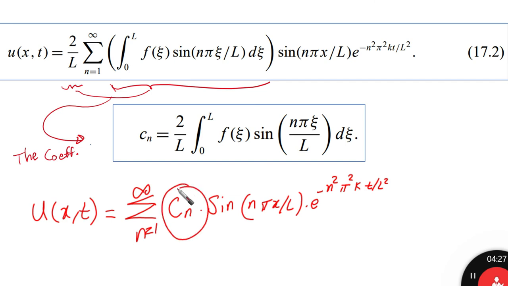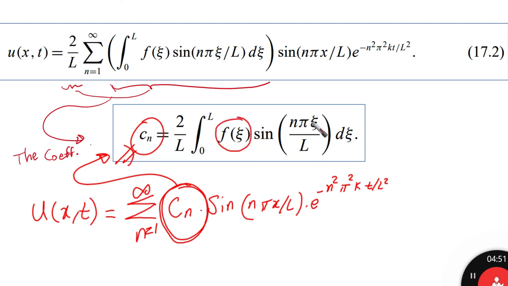So this c_n is a coefficient that we're going to define in the beginning, because it has the integration. So c_n, the coefficient that we're going to use for the solution of our heat equation, is going to equal 2 over L, the integration from 0 to L, f of z sine n pi z over L dz. This is what we should always define in the beginning, and then we can solve our equation.